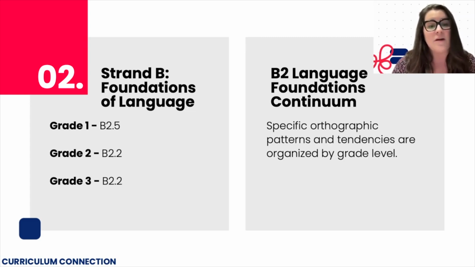In the continuum, there are specific orthographic patterns and tendencies that students learn. For example, in grade 1, students learn the pattern governing when to spell words with a CH or a TCH when spelling the ch sound. This increases in complexity as students progress with their orthographic knowledge.